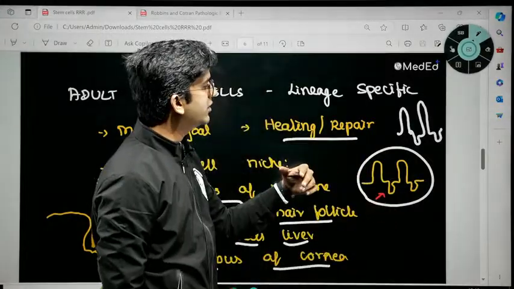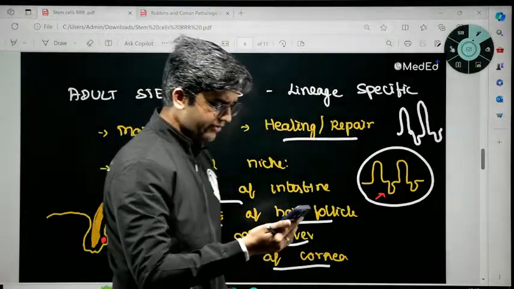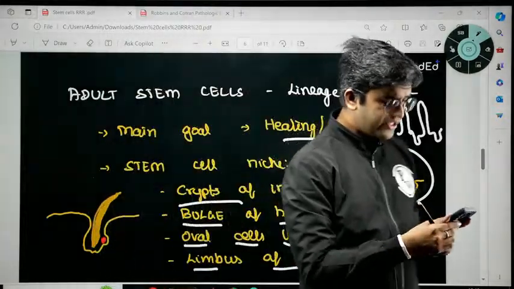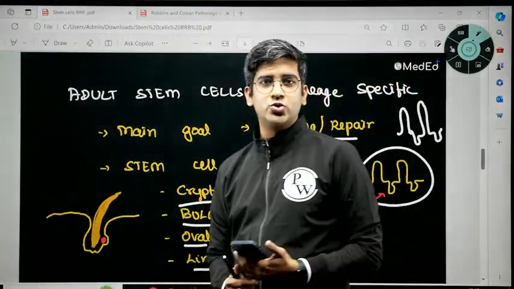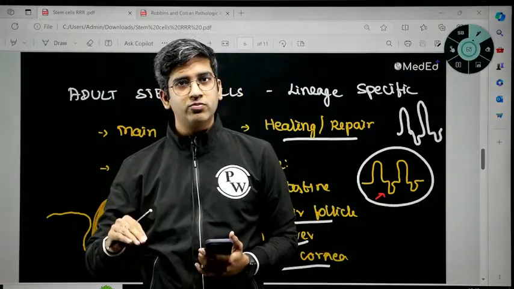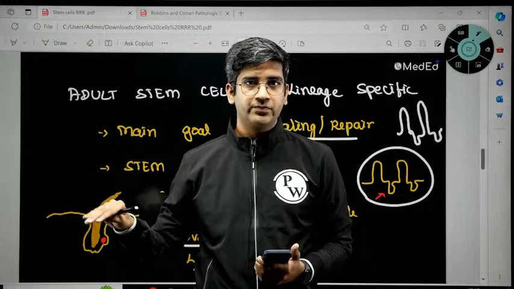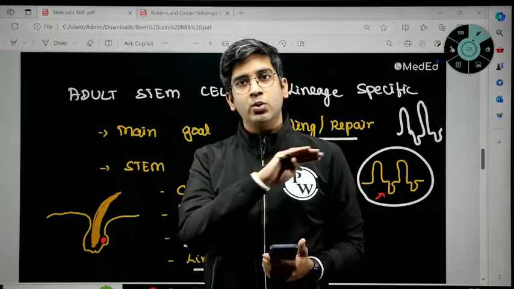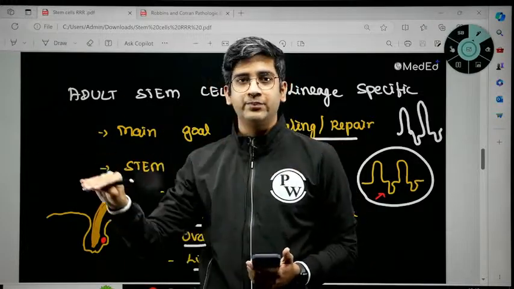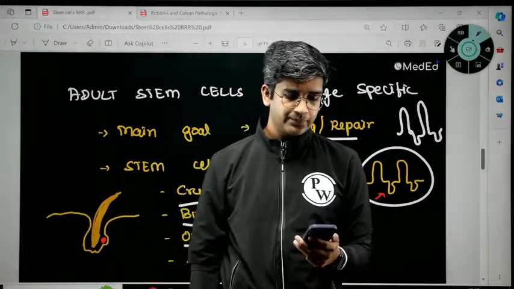I'll just give you a different question. Let's see if you are able to answer that. I'm having a disease. Let's assume it is causing all the villi to be destroyed. Okay, I'm having a random disease which destroys the entire villi. What is the function of villi in the intestine? Can you guys comment?